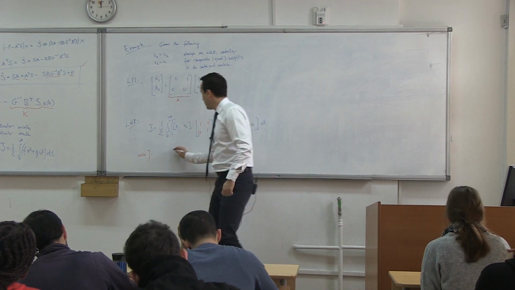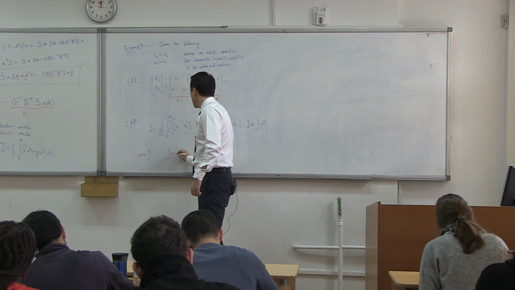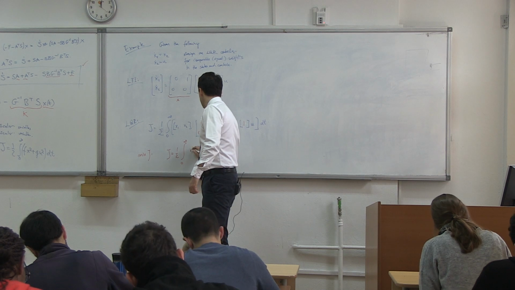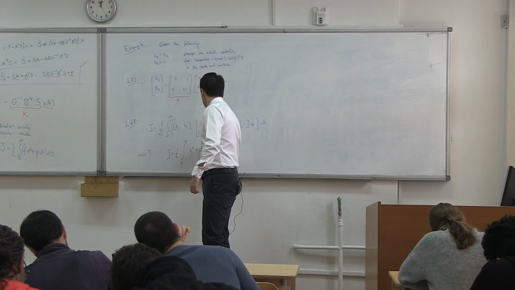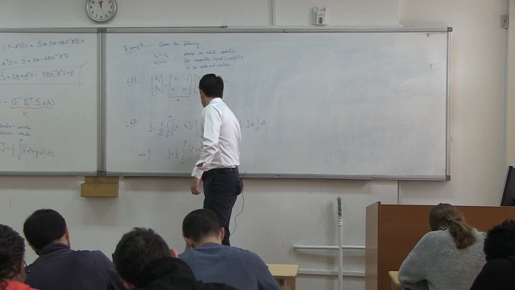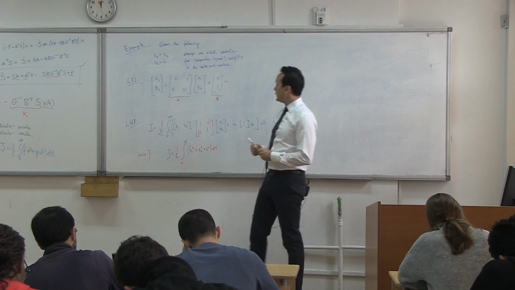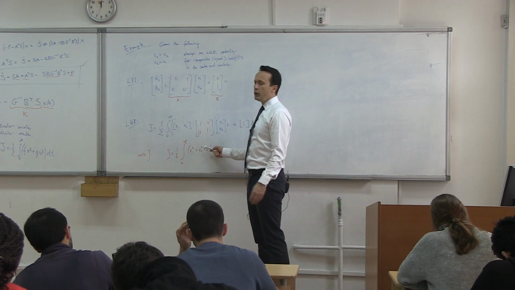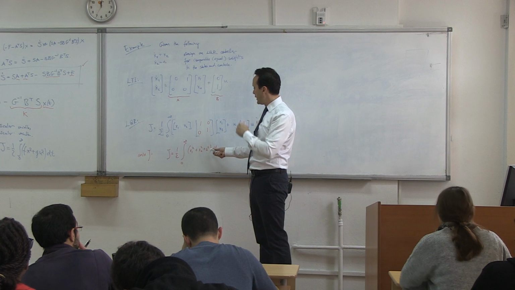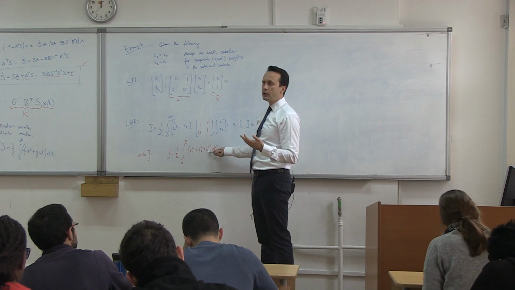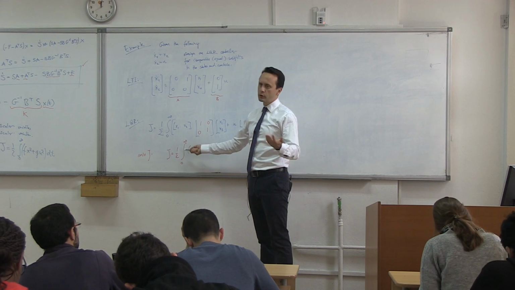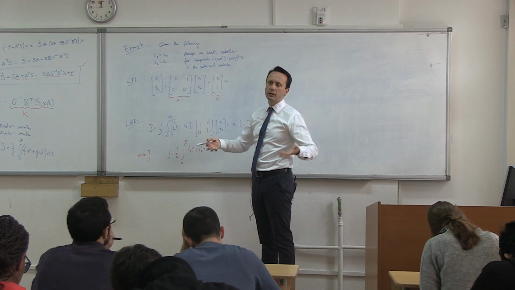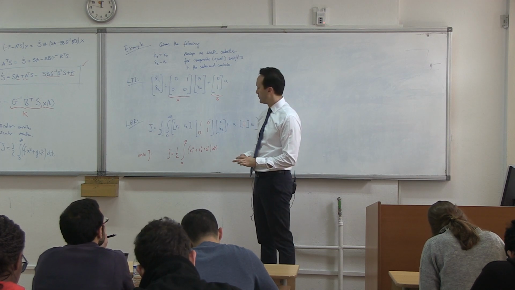J is equal to 1 over 2, integral from 0 to infinity, of x1 square plus x2 square plus u square. So as far as the optimization problem is concerned, they will all have equal weight. Reducing u is just as good as reducing x2 or reducing x1. So it will try to reduce them equally much.